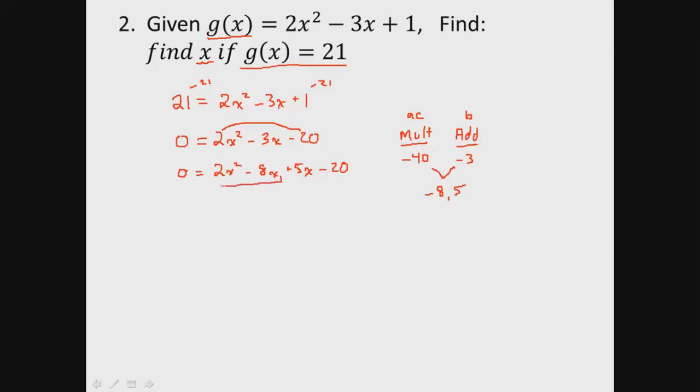You're going to group the first two and common factor, and group the second two and common factor. So out of the first two, I can take out a 2x, and I'm left with x minus 4.